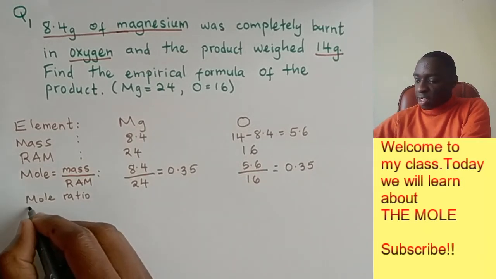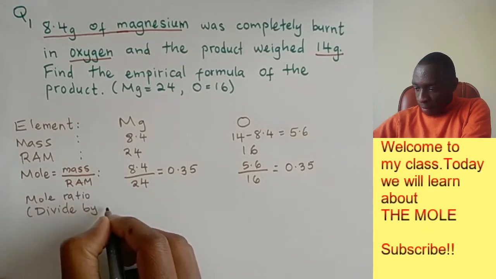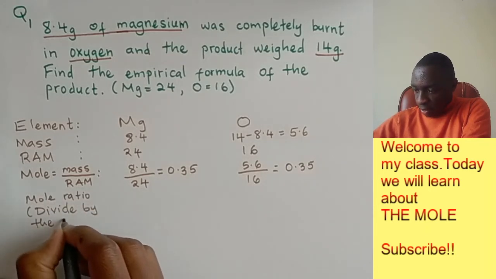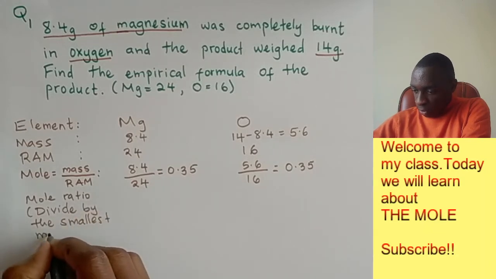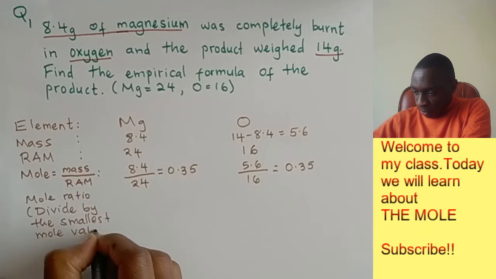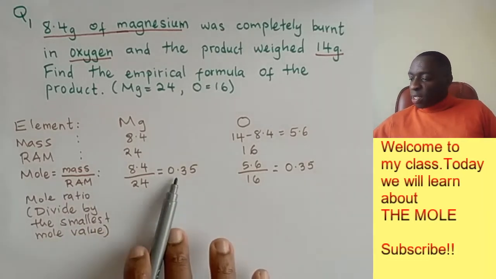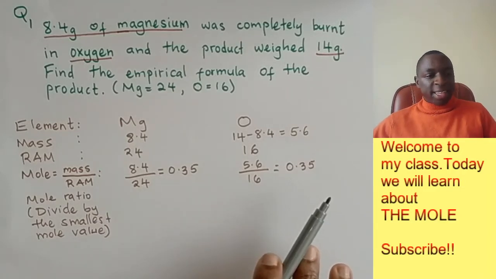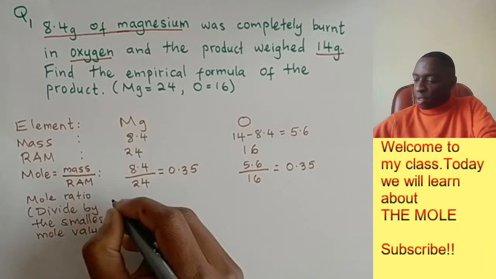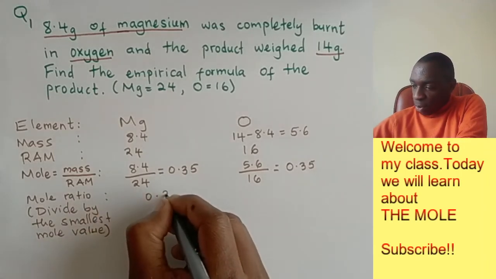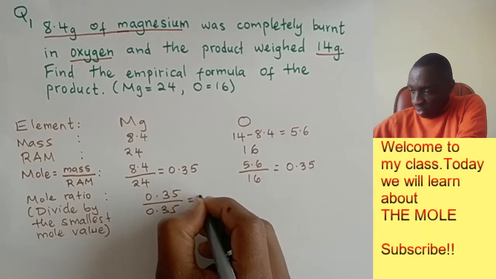So here I'll just note it down: divide by the smallest mole value. So between 0.35 and 0.35, well, there is no smallest one here, so we'll just divide it by itself. So here it's going to be 0.35 divided by 0.35. This gives us a 1.